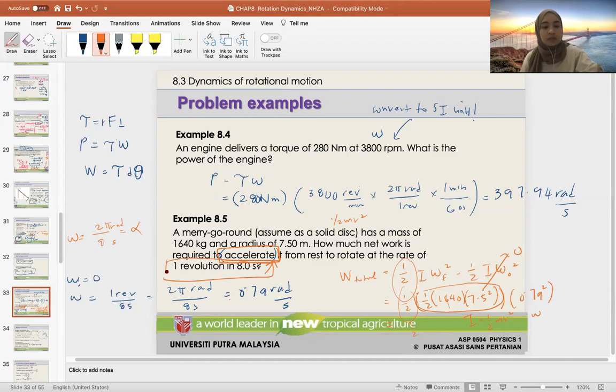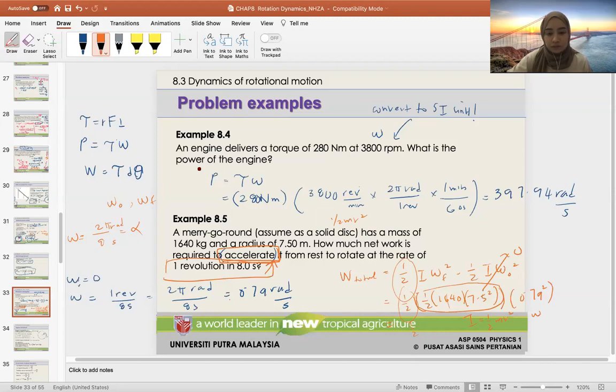The question says required to accelerate. When we have 2 different speeds, omega naught and omega final that are not equal to each other, it can speed up or slow down, and then we can have acceleration. So don't get confused there. I know your weakness, at least for my students, is understanding the question.